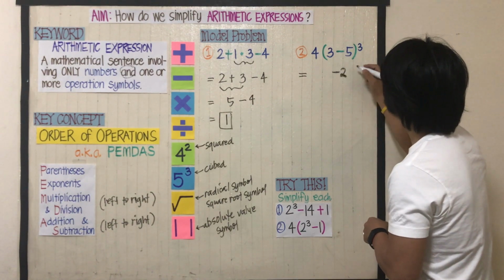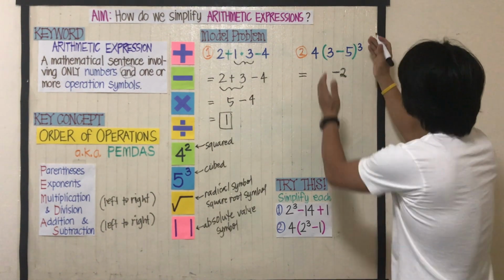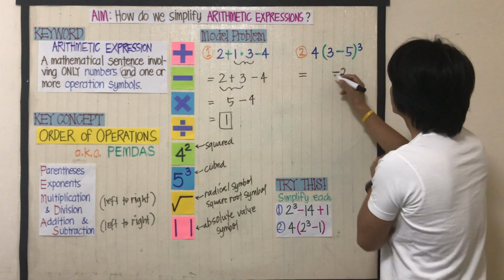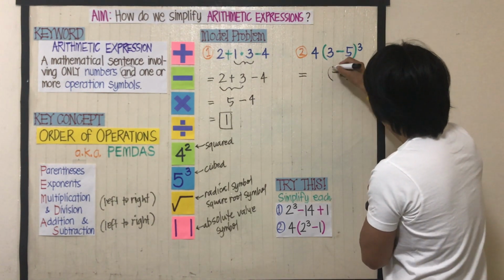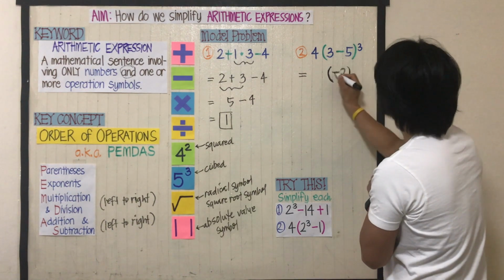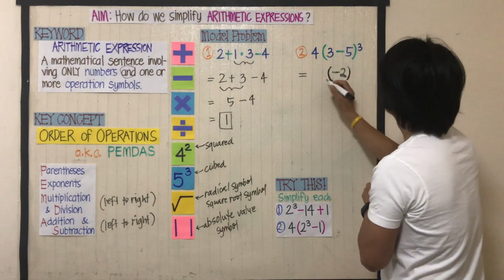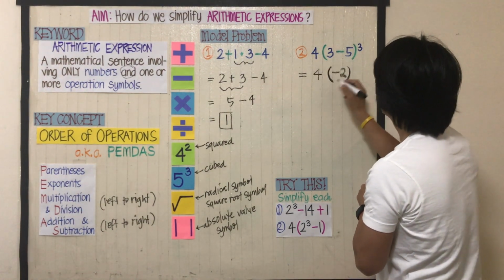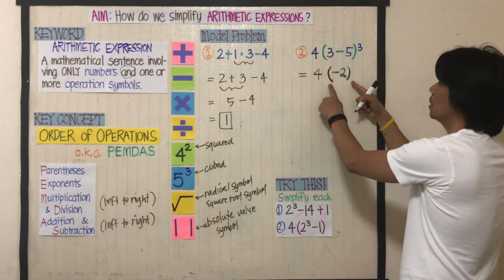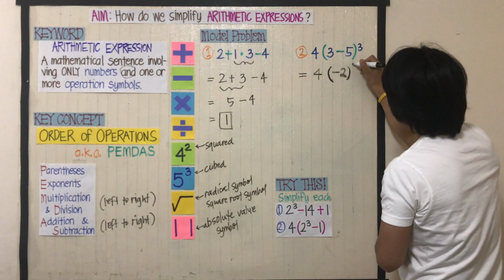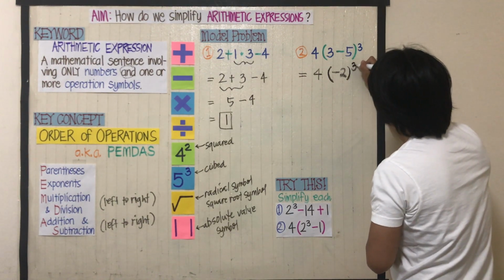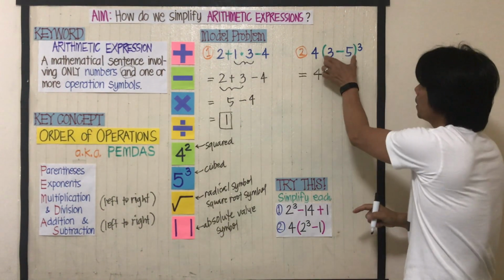We're done with the inside of the parentheses, but I need to keep the parentheses so that I can show that this 4 is being multiplied to that number later on. And also there's a cube, so we put the cube there.